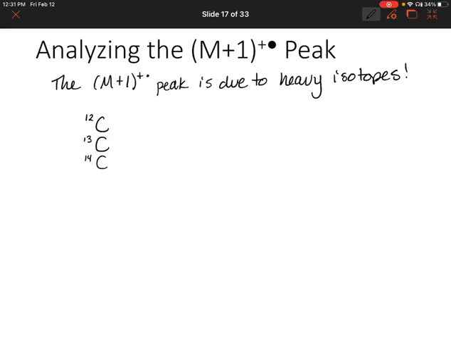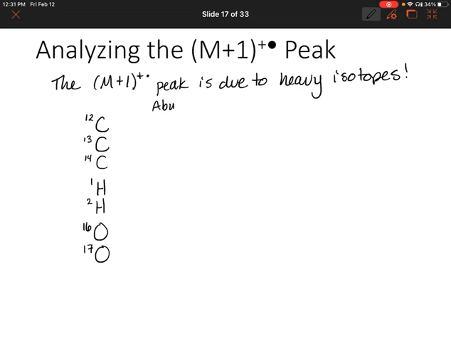All of our molecules will have hydrogens, so remember there are two isotopes for hydrogen, hydrogen 1 and hydrogen 2. And another common element that we'll find in our molecules is oxygen. So there is the oxygen 16 isotope and an oxygen 17 isotope.